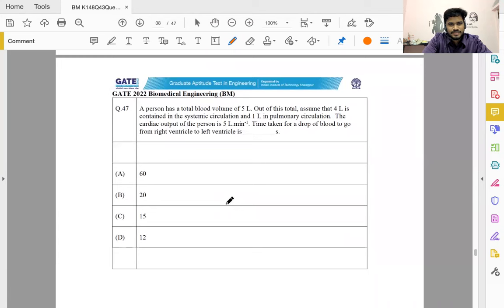A person has a total blood volume of 5 liters, 4 liters in pulmonic circulation. Only issue here is a blood drop doesn't have one path starting from right ventricle to left ventricle. We know there is bifurcation at each, there is forking at each bifurcation of the artery.